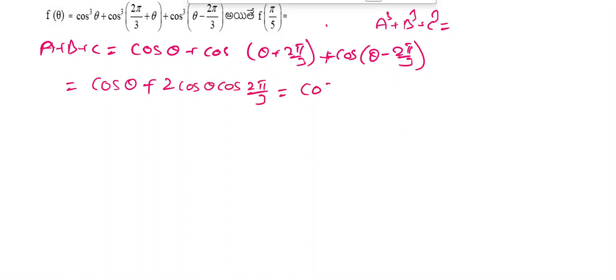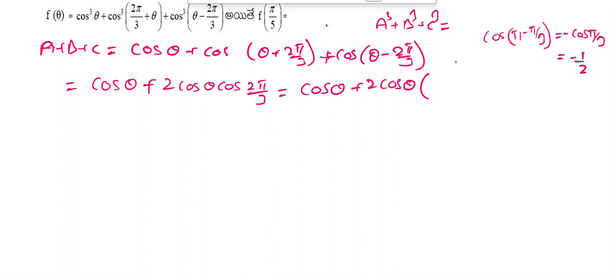That is cos theta plus 2 cos theta into cos of 2 pi by 3. Cos 2 pi by 3 is written as cos of pi minus pi by 3, which is minus cos pi by 3, that is minus cos 60, minus 1 by 2. So the 2 cancels, and it is cos theta minus cos theta, which is 0.